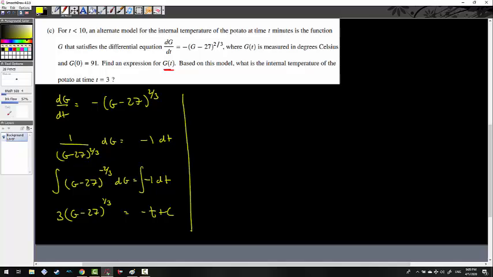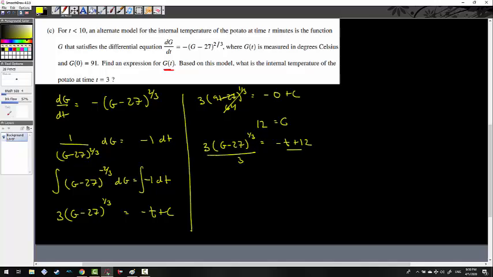Since my initial condition is (0, 91), I'll say 3 times (91 minus 27) to the 1/3 is equal to negative 0 plus c. So c is going to equal, this is 64, cube rooted is 4, so 12 equals c. So what do I really have? I have 3 times (g minus 27) to the 1/3 is equal to negative t plus 12.